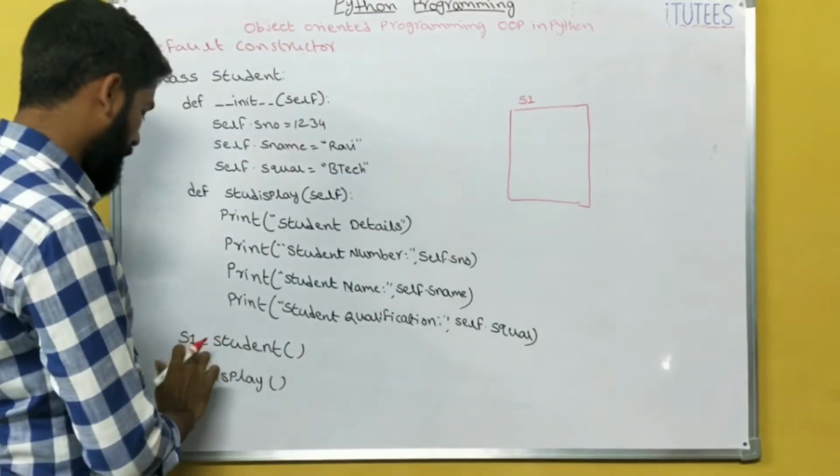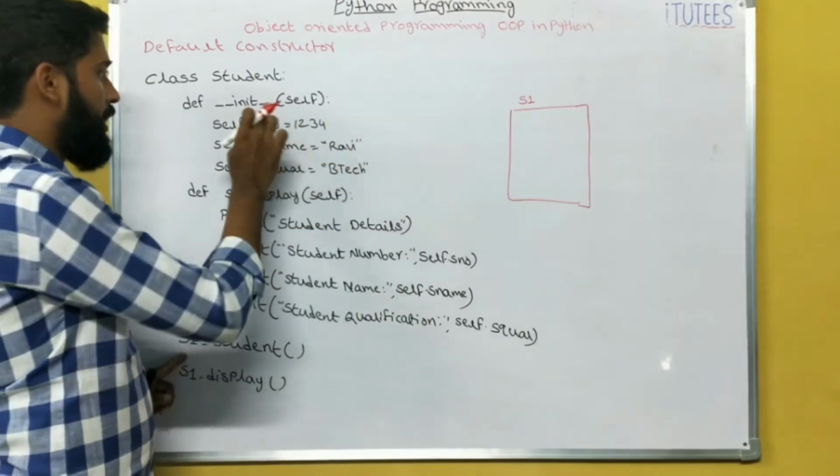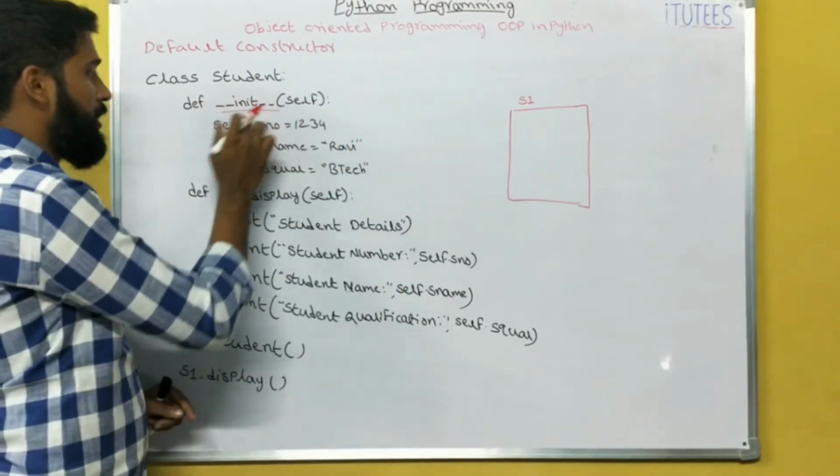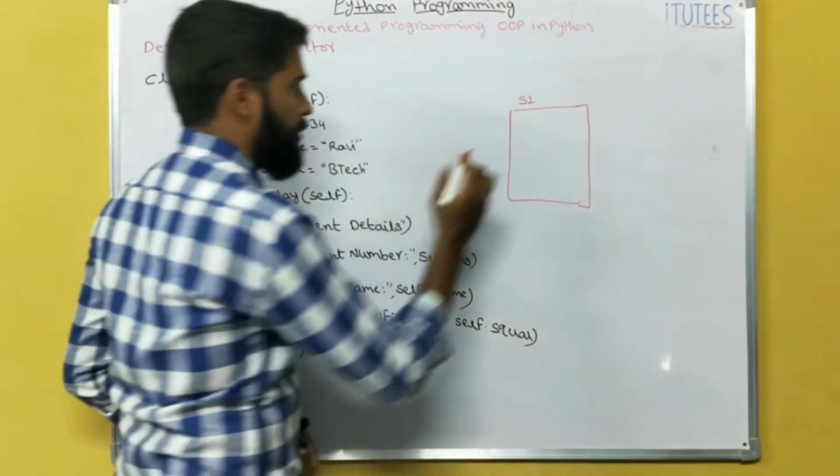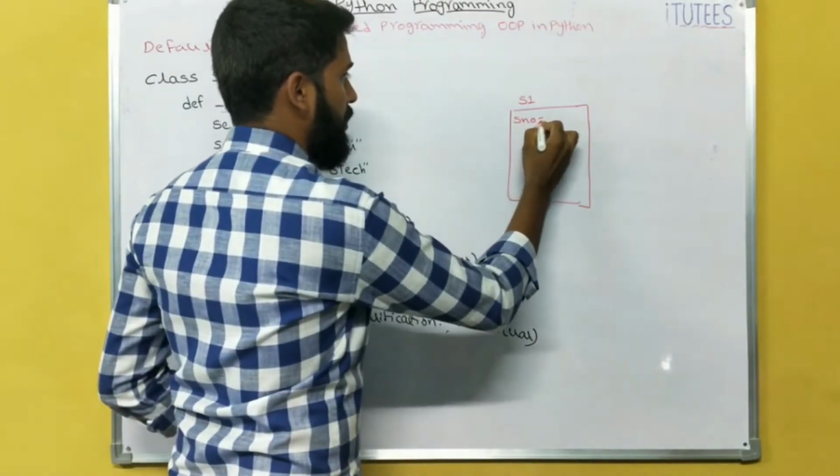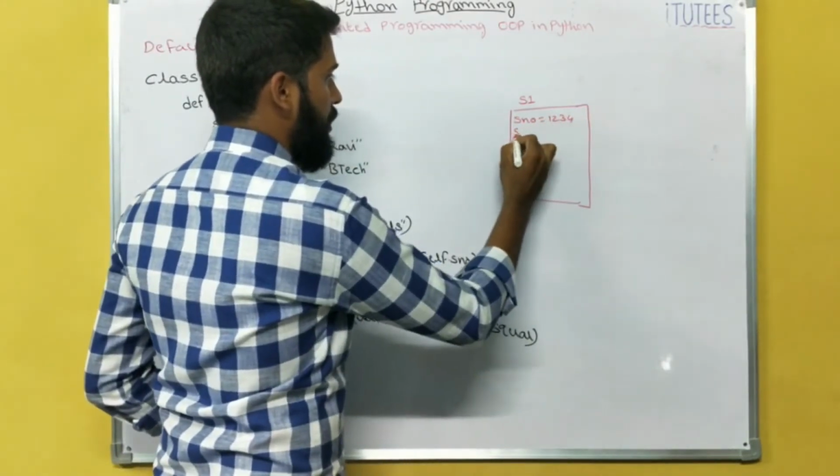The constructor is invoked. What is in the constructor? self.sno is an instance variable, 1234.